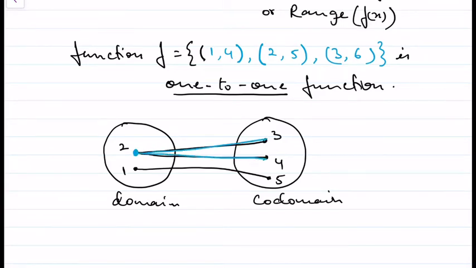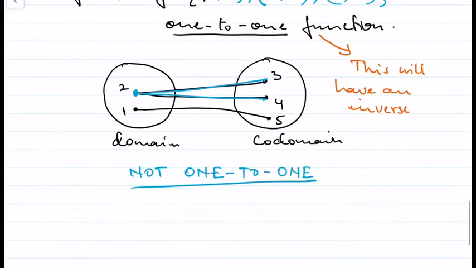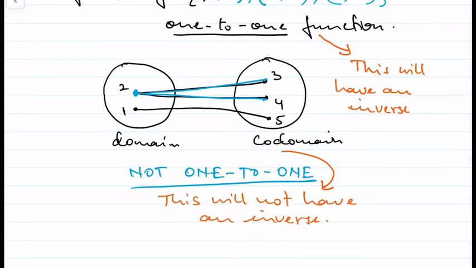Input 2 is giving us two different values, so this is not 1-to-1. So this will have an inverse, whereas this will not have an inverse because this is not 1-to-1.